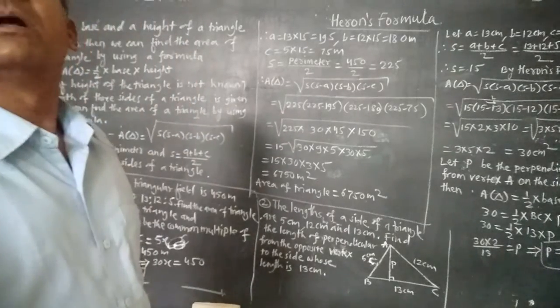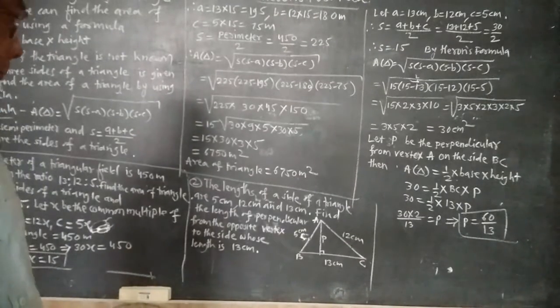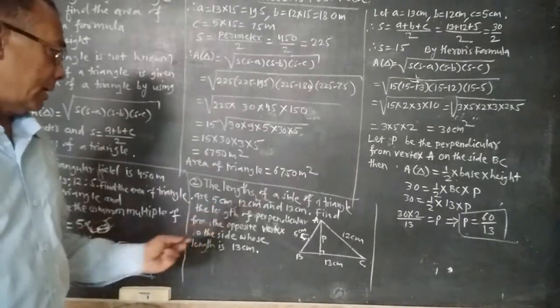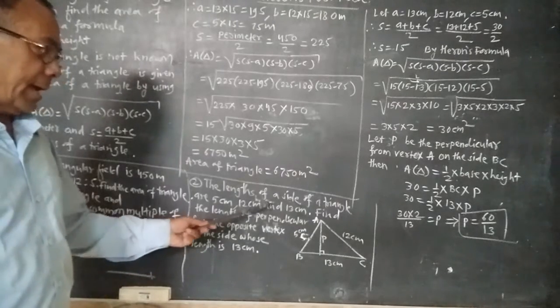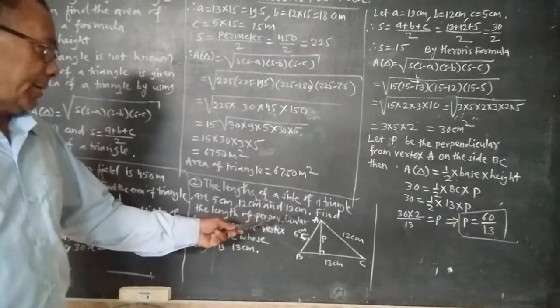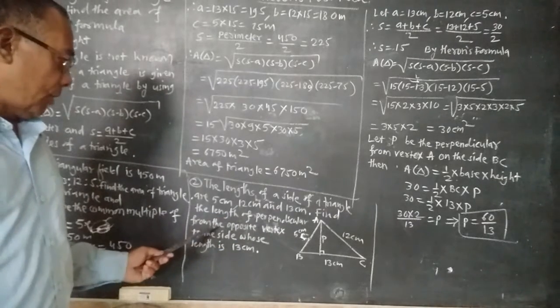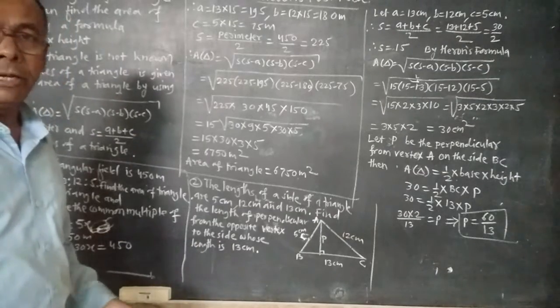In this example the lengths of the sides of a triangle are 5 cm, 12 cm and 13 cm. Then find the length of the perpendicular from the opposite vertex to the side whose length is 13 cm.